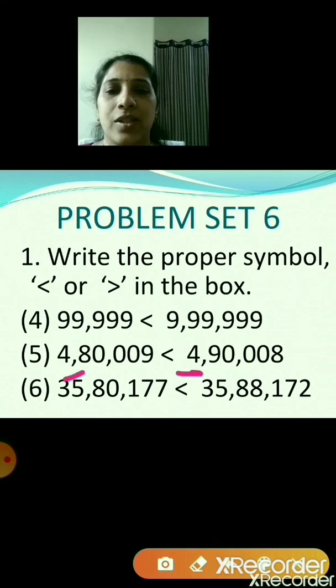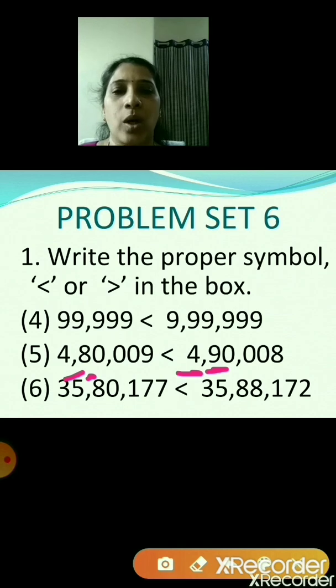Again here the first digit is 4. Let's move to the second digit, 8, and here it is 9. So 8 is smaller than 9. So therefore 4,80,009 is smaller than 4,90,008. Let's move to the sixth one.